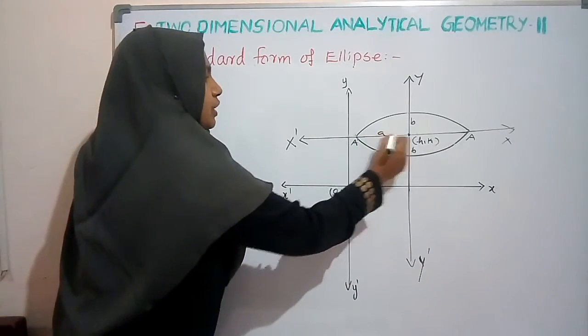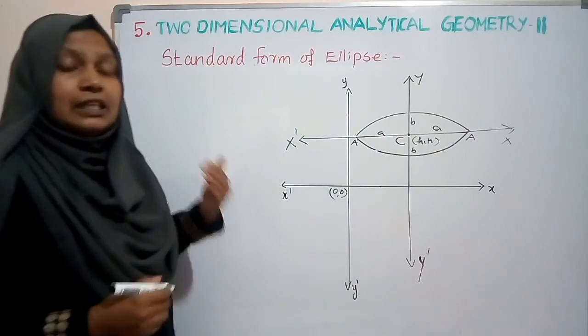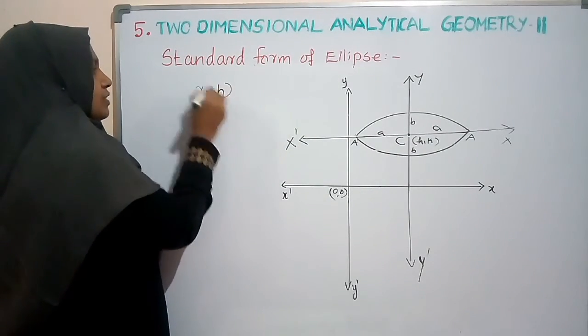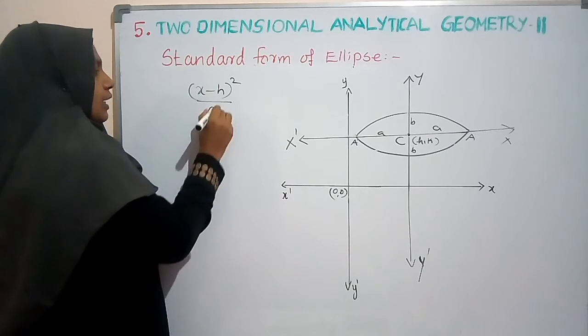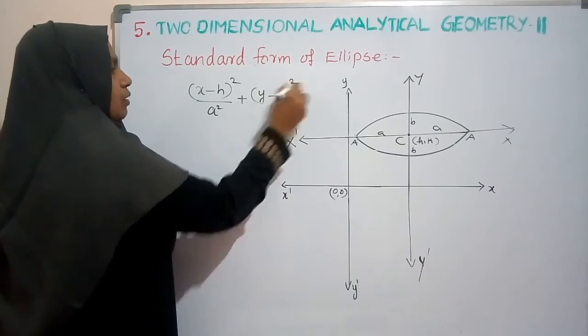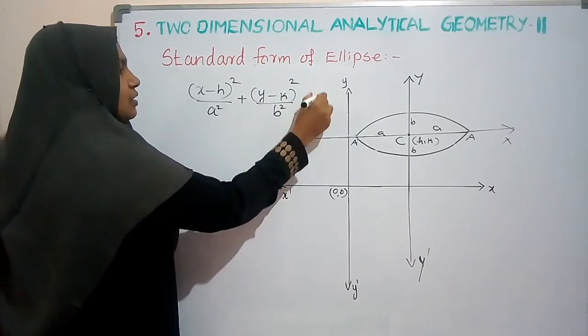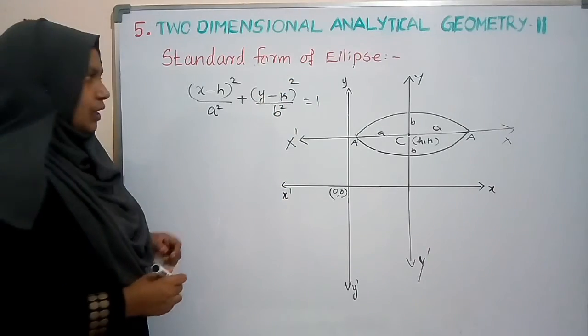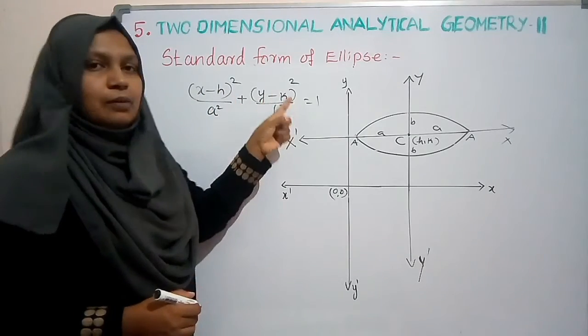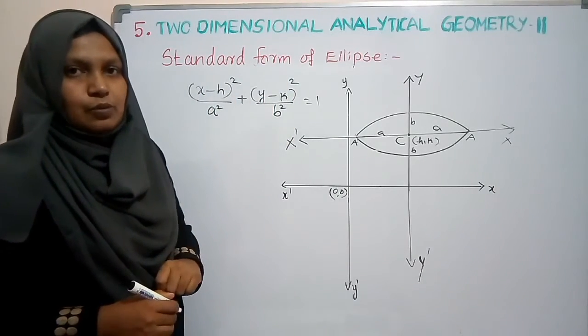And as usual here you have a. Then the equation of the ellipse becomes (x minus h) the whole square by a square plus (y minus k) the whole square by b square is equal to 1. Okay, x square becomes (x minus h) the whole square and y square becomes (y minus k) the whole square.